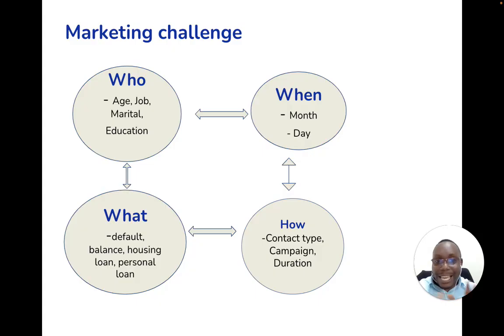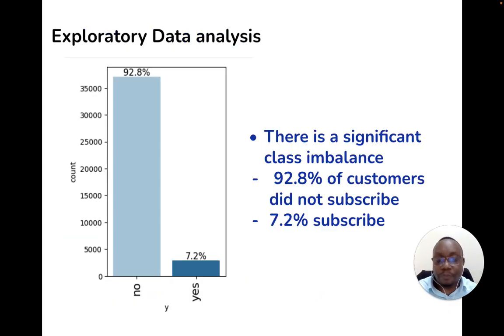And these key characteristics are very key for any marketing challenge to understand what is exactly the persona to call, when is the best time to call them, what are the characteristics of this persona, and what is the best way to contact them, to be able to get a successful subscription.